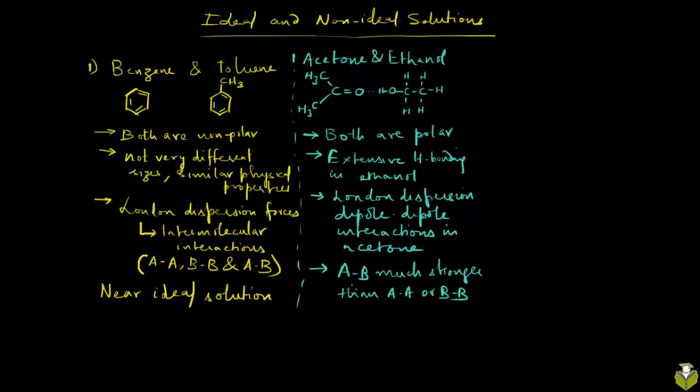Because of this, when they are mixed together, these molecules are stabilized in the solution phase, and they find it more difficult to escape into the vapor phase. As a result, they exhibit lower partial equilibrium vapor pressures than what they would in case of ideal solutions. So this solution exhibits a negative deviation from Raoult's law.